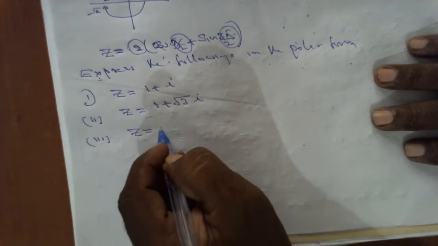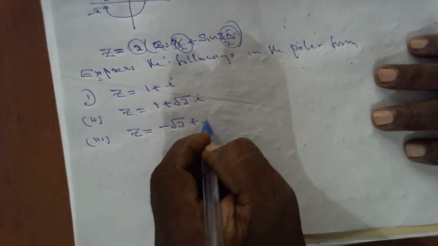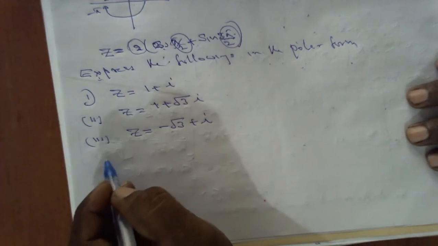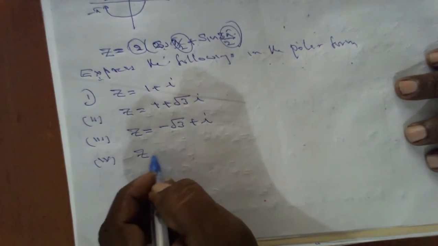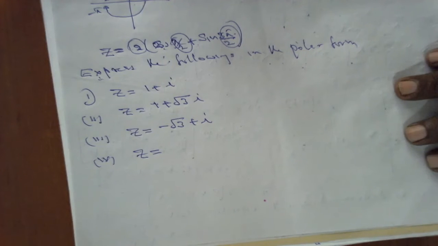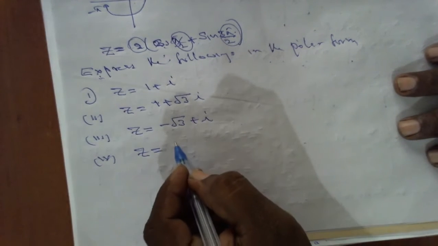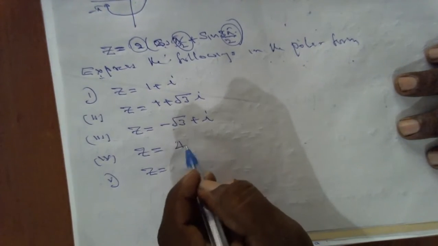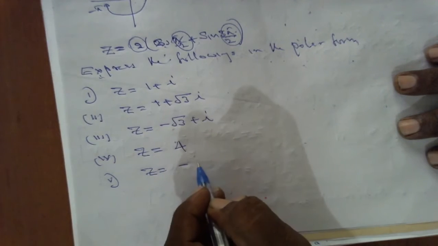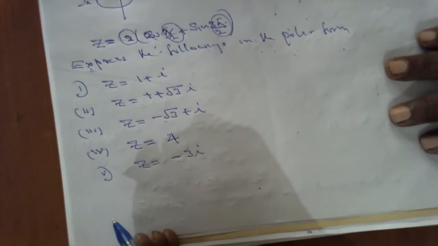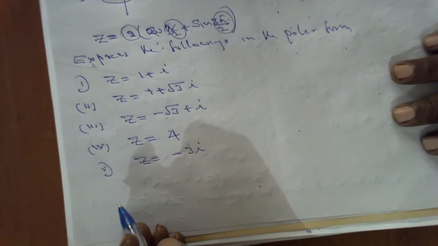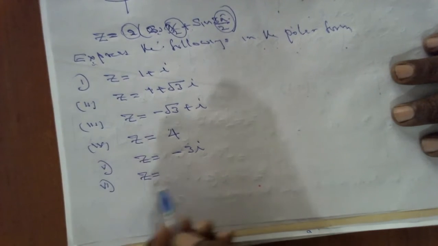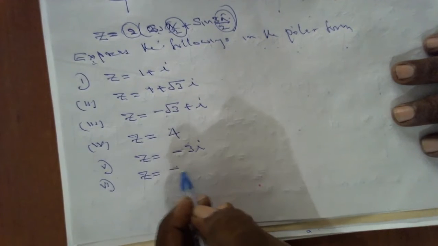C equals minus root 3 plus i. 4. C equals 1. 5. C equals minus 3i. 6. C equals minus 2.